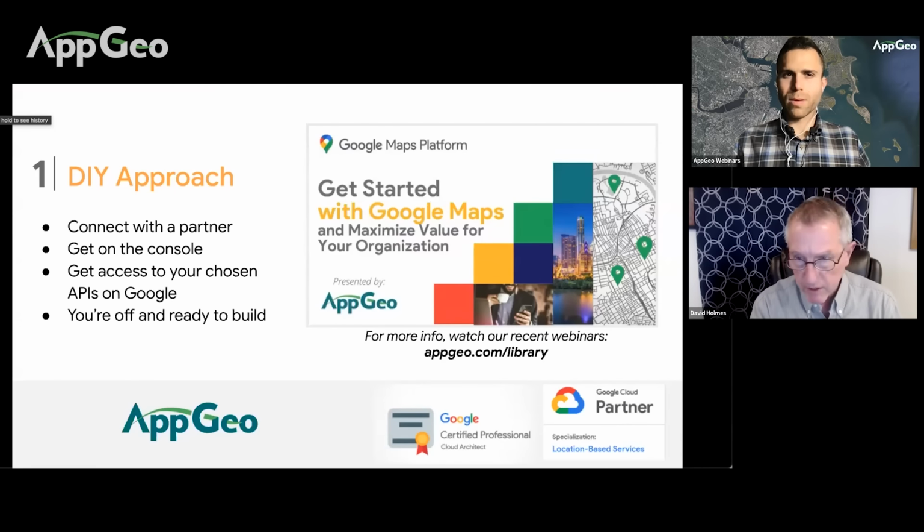We did a webinar just a few months ago on getting started with Google Maps. It goes into a little bit more depth than today's webinar on how to work in the console, how to read the charts and understand the usage and these kinds of things. So I'd encourage you, if you're not familiar with the Google Maps console, to check that webinar out in our webinar library. The address is there on the slide.